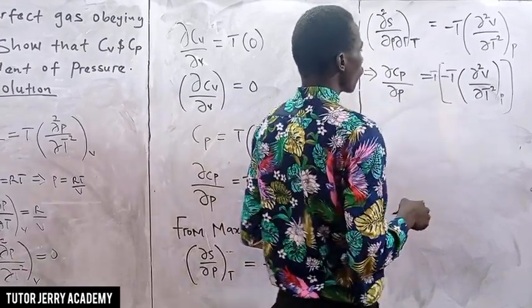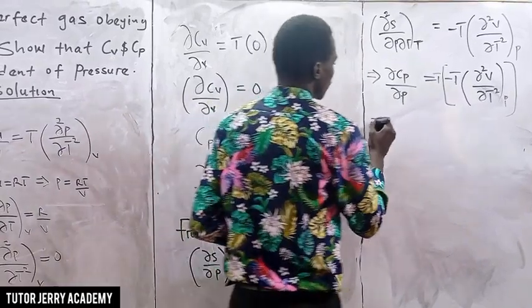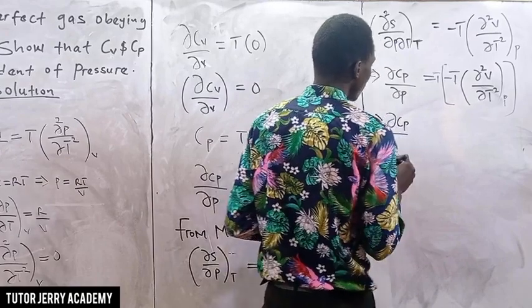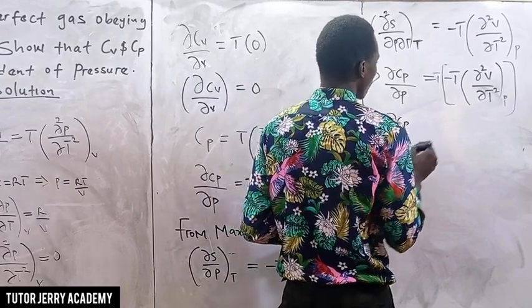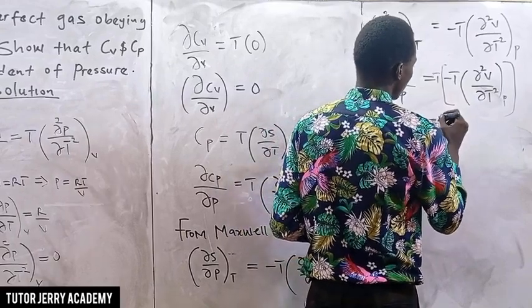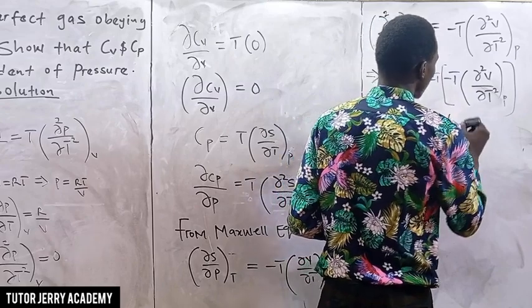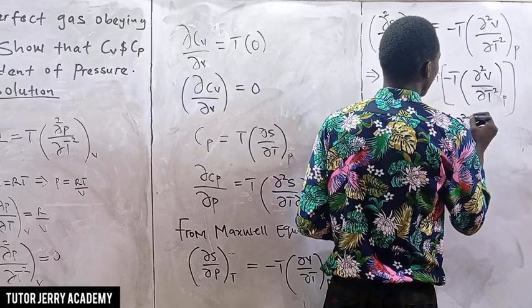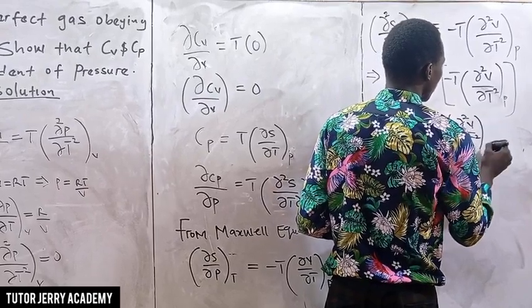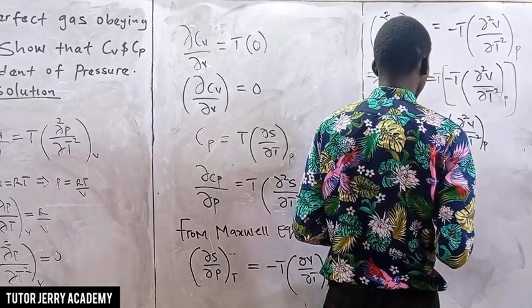So from here we can say that the partial derivative of Cp all over the partial derivative of P is equal to minus T squared into the partial derivative squared of V all over the partial derivative of T squared, keeping P constant. So this is what we have.